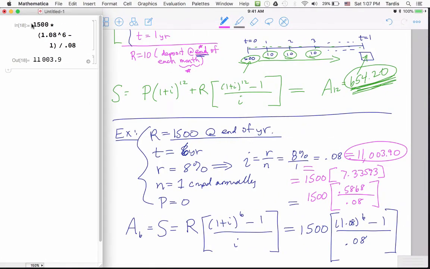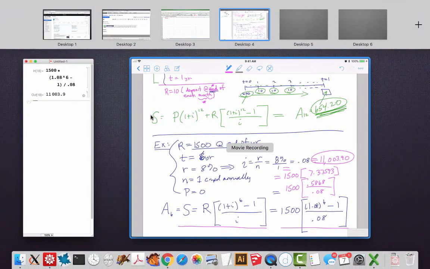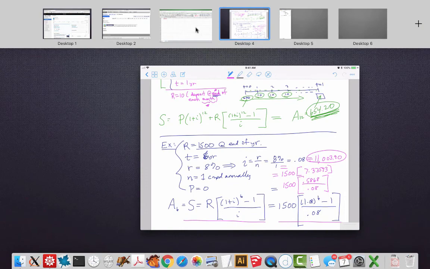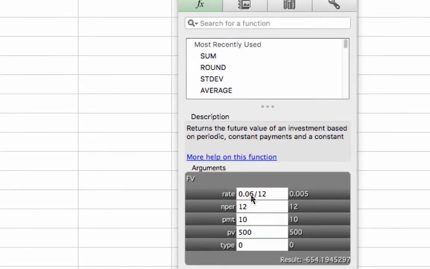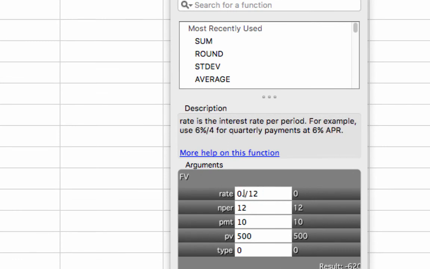We've shown how to do the formula and all the computations by hand, so we know we've gotten the correct answer. Let's double check our answer in Excel. The rate was 0.08 divided by 1: the interest rate APR divided by the number of compoundings, which is 1. How many payments did you make?